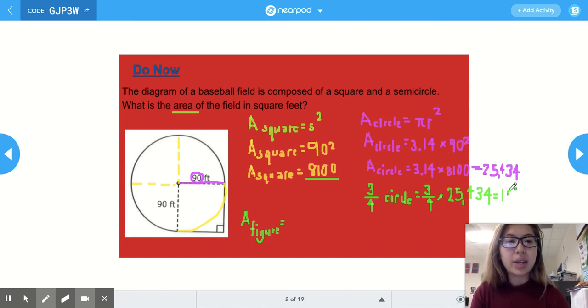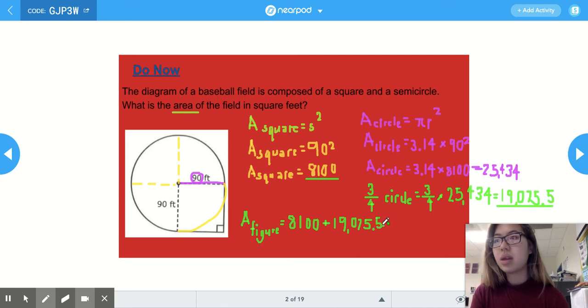When I use a calculator, I get that it's 19,075.5. And once I add together the 8,100 plus 19,075.5, I get 27,175.5.